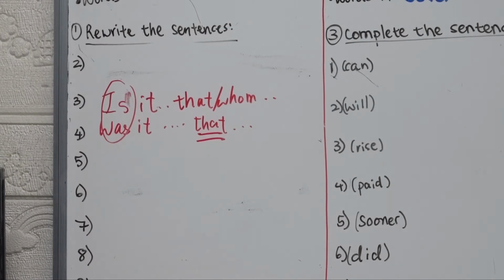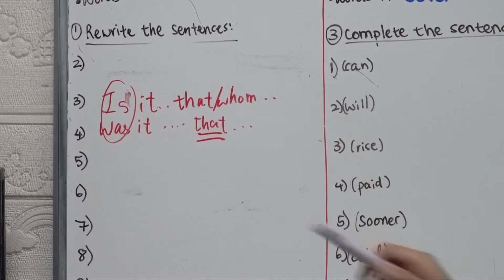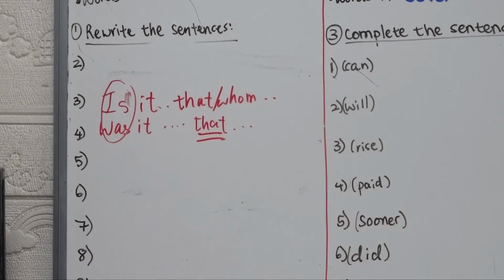So it was Mary who called me, and then you switch it around. Was it Mary who called you? All right, so you can try to switch it around, same as the normal SVO structure. You flip it around to make it into a question. All right, next one.